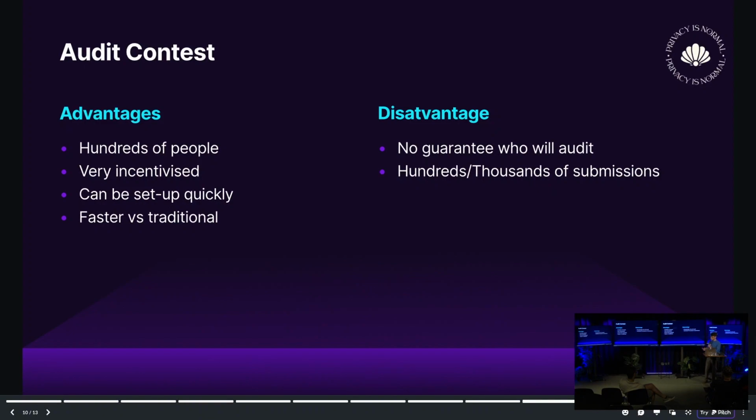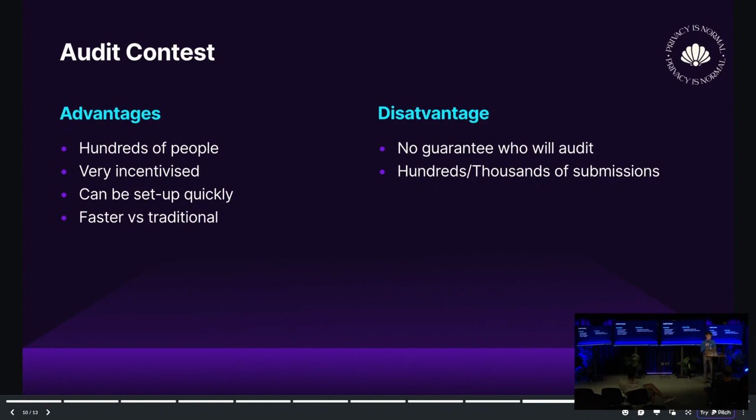The biggest disadvantage with an audit contest is obviously you have no guarantees. Who is auditing your code base? You only know after the audit has ended, and you don't know how much time they have spent, right? So you can look at the results and see that some very good security researcher has found 2 mediums in your code base.